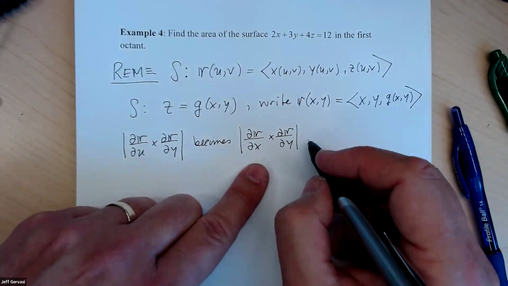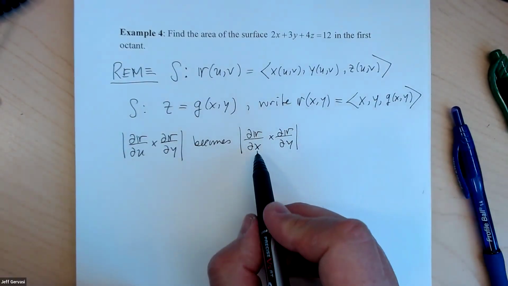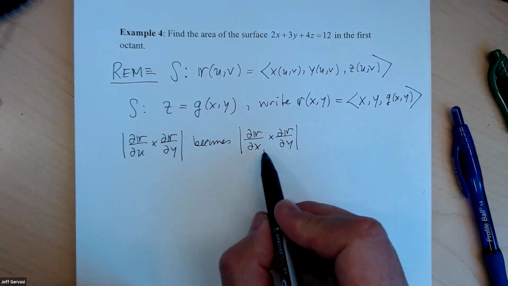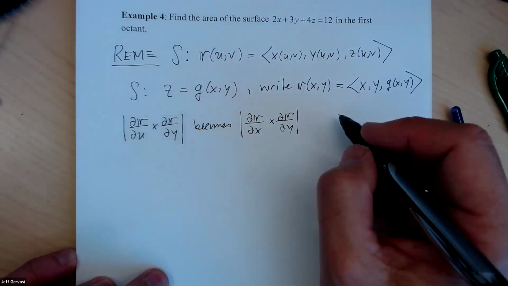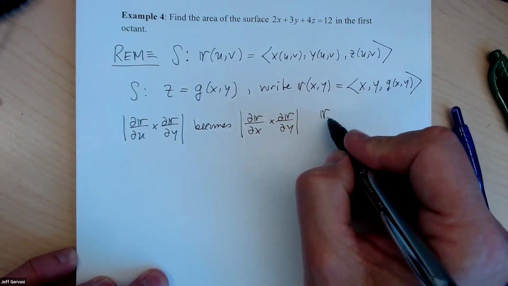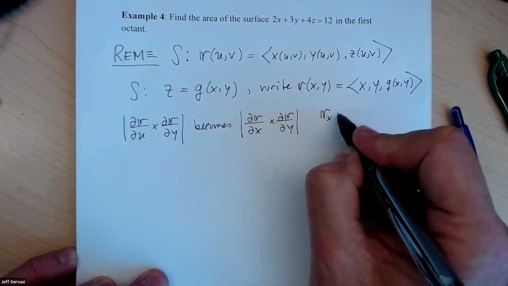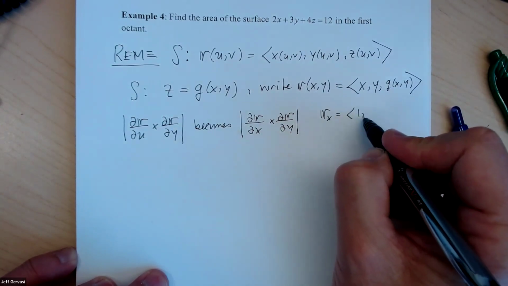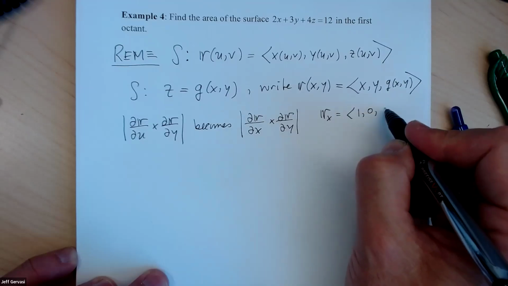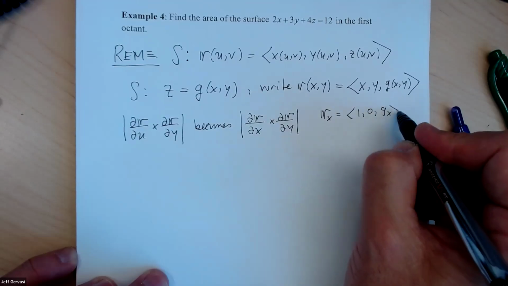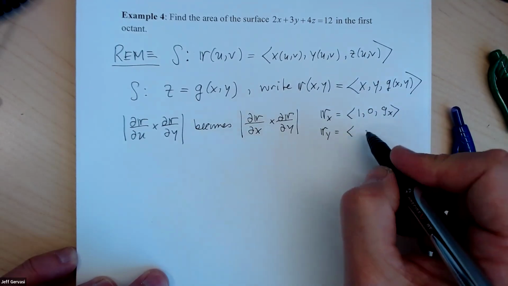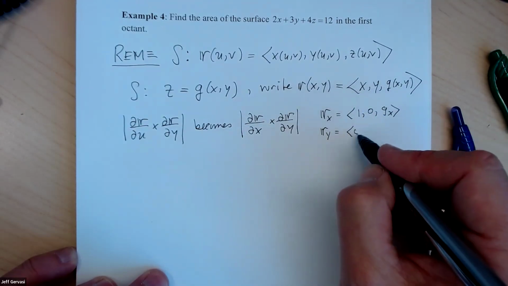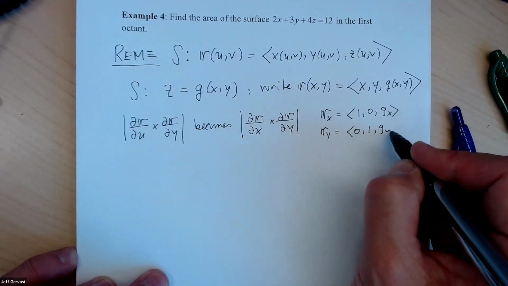So what does that look like? First, find the cross product of these two vectors. Partial r with respect to x is 1, 0, and the partial of g with respect to x. And the partial of r with respect to y is going to be 0, 1, g sub y.